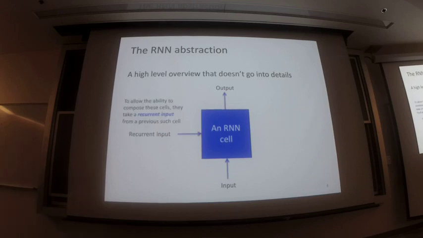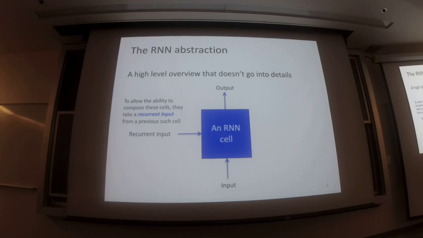So one thing that makes the RNN cell very different is the ability to compose cells. It gives us the flexibility to glue these RNN cells together. Also, it does not only take in a single input, it takes in another input referred to as the recurrent input.